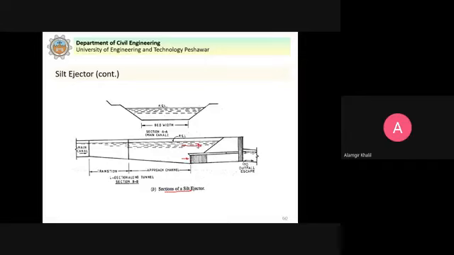The river reach should have central flow without tendency of scouring or silting. The canal should give maximum command, that is, the off-taking canal should supply water to the maximum area that can be covered.